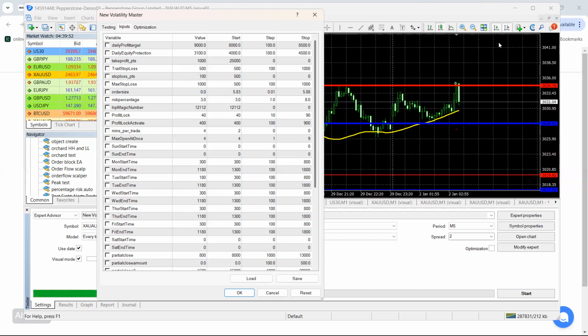And when it opens up the second trade, even though we have twice as many trades, we still only have 3% or a little bit less of my account balance at risk.